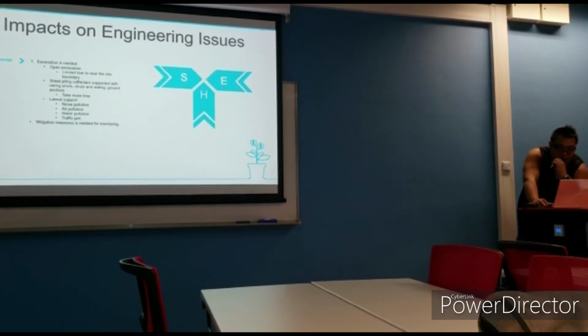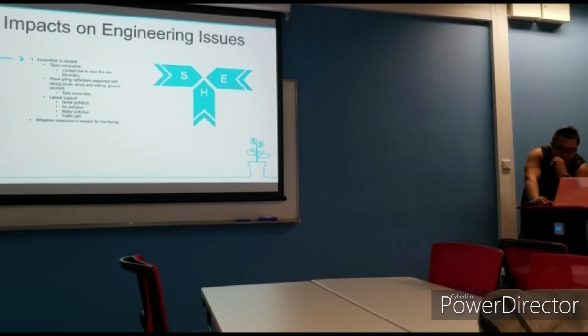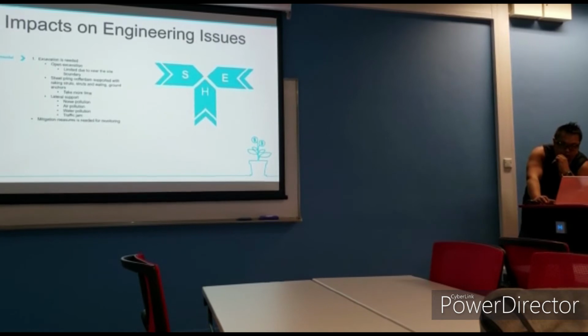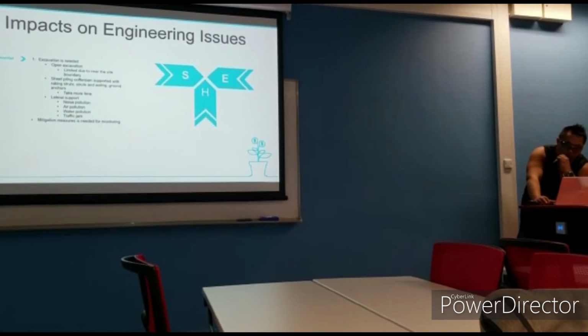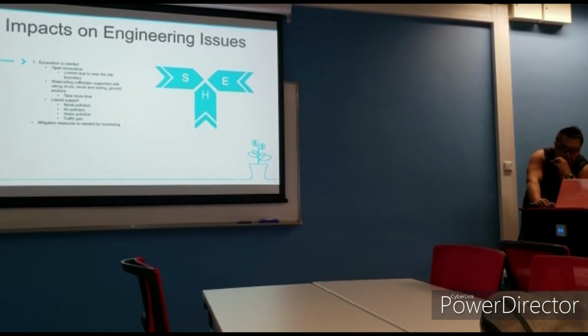For the sheet piling component support with walings, strutting and ground anchor, it may take more time for the construction. For the lateral support, it may cause noise pollution, air pollution, water pollution, and traffic jam. Therefore, the construction should have mitigation measures for the monitoring.